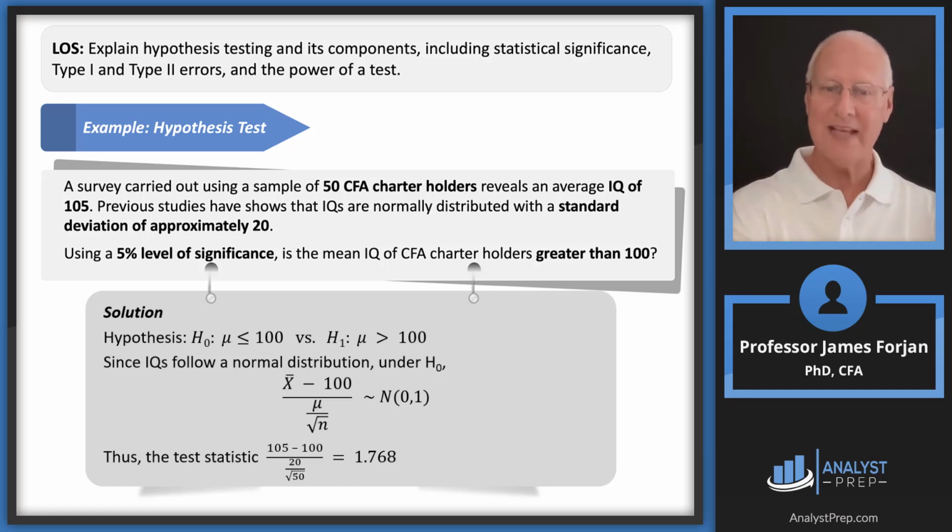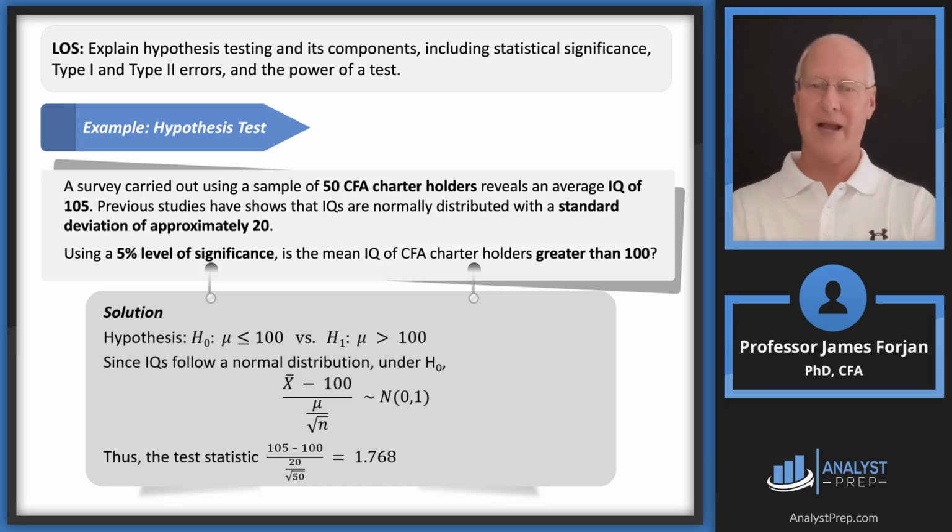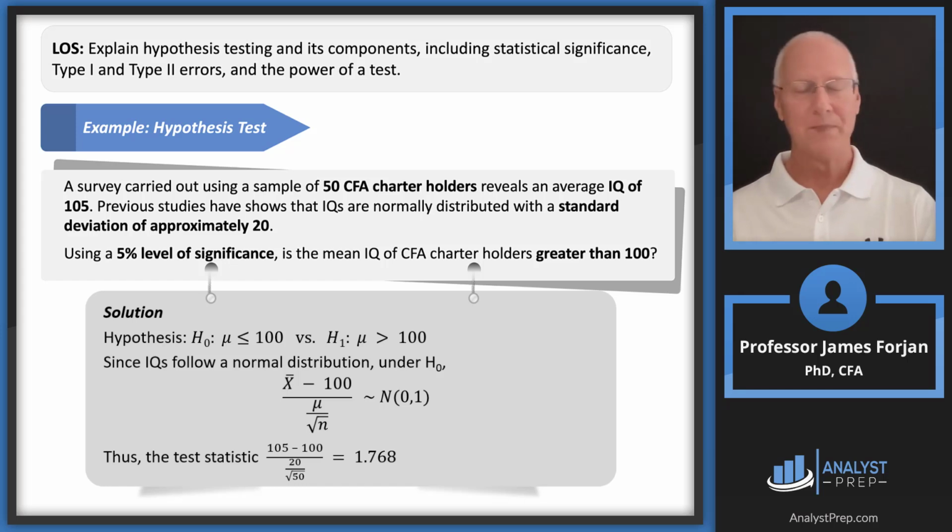And we use this test statistic there. So we do 105 minus 100 in the numerator. So that's 5. Your kindergarten instinct says, wait a minute, 105 is not the same as 100. Therefore, the answer to the question is yes, CFA charter holders have higher IQs. Yes, that's obvious. But we have to divide it by the standard deviation adjusted for the sample size.